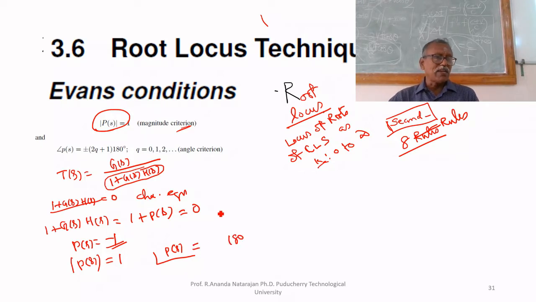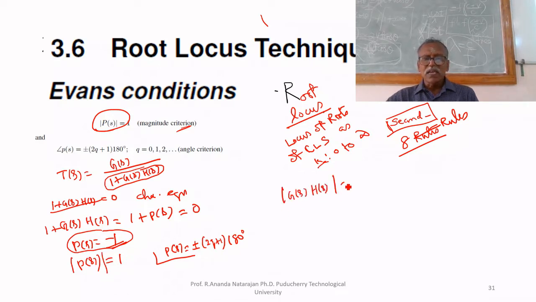Normally we won't say just 180 degrees, but an odd multiple of 180 degrees. That's why we say (2q plus 1) multiplied by 180 degrees. Plus 180 and minus 180 are both the same, so we say plus or minus (2q plus 1) multiplied by 180 degrees. So this minus 1 can be separated into two equations. One is modulus of P of s equal to 1, or modulus of G of s H of s equal to 1.